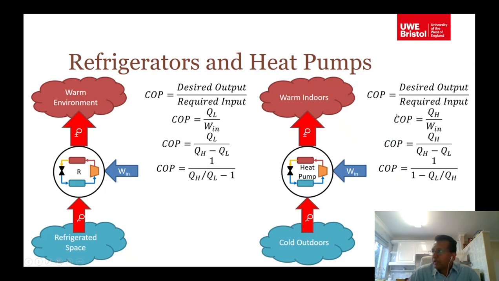For a heat pump, your desired output is QH. Therefore, your COP should be QH divided by W in, and you know W in is QH minus QL. You can replace that with QH minus QL and divide everything by QH. So COP becomes 1 over 1 minus QL over QH.